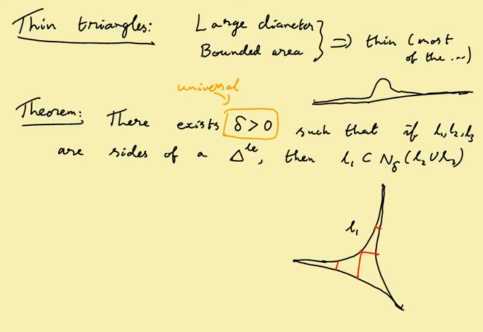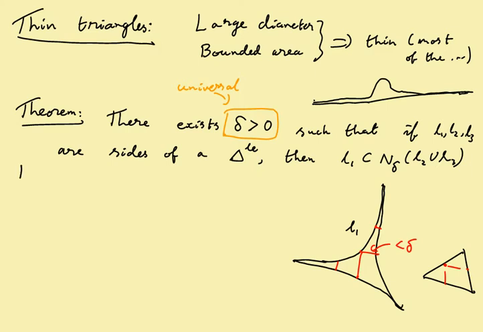But any point is a distance at most delta from one of the other sides. Again, it's absurd in the Euclidean case. In a Euclidean triangle, if the triangle is big, the midpoint here is quite far from both of these sides. It could be arbitrarily far by just scaling up. So this says that any side is close to the other two.